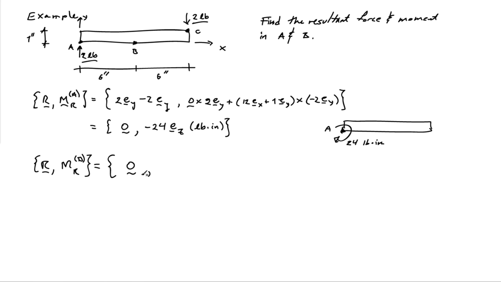So first we have the force at A, and the position vector to it is minus 6 EX, cross product with 2 EY, and then the position vector to C is going to be 6 EX plus 1 EY, cross product with minus 2 EY.